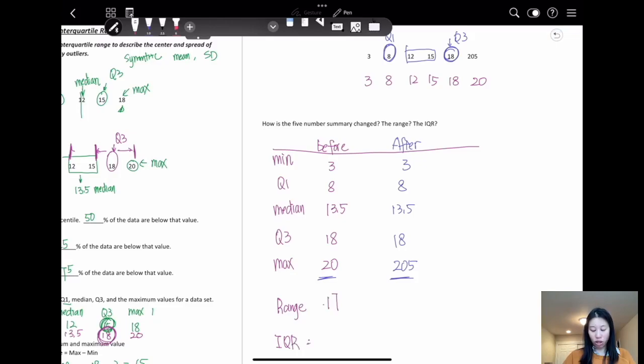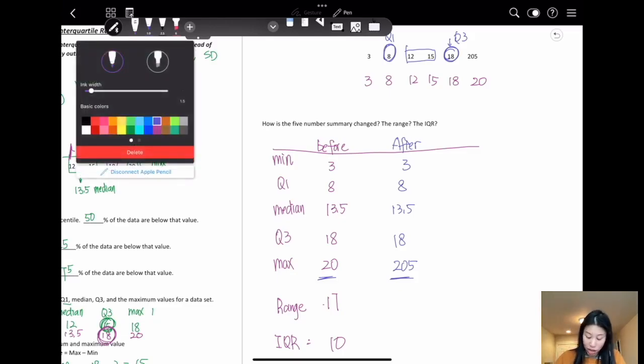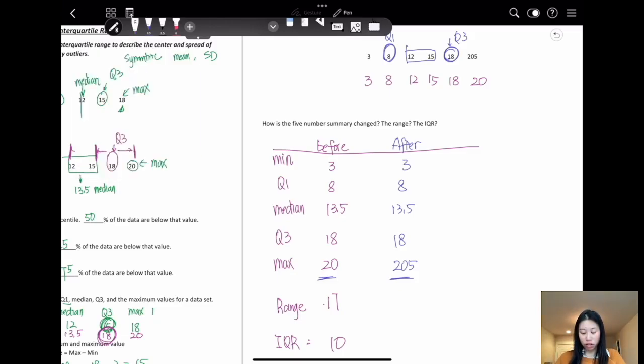And IQR equals Q3 minus Q1, which is 10. What about after? Let's find out. The range after is 205 minus 3, which is 202. But the IQR, which is Q3 minus Q1, remains the same, which is 10.